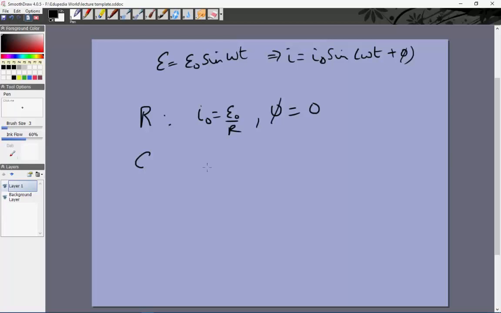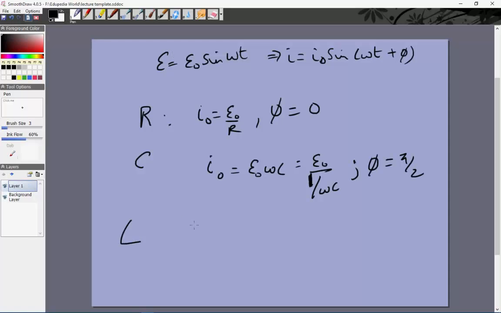If it is a capacitive circuit, then I naught is equal to E naught omega C, which is sometimes also written as E naught by 1 by omega C. We'll see why in the next video. This is just a fancy way of writing this. And phi is equal to pi by 2. The current is ahead of the potential difference by 90 degrees.